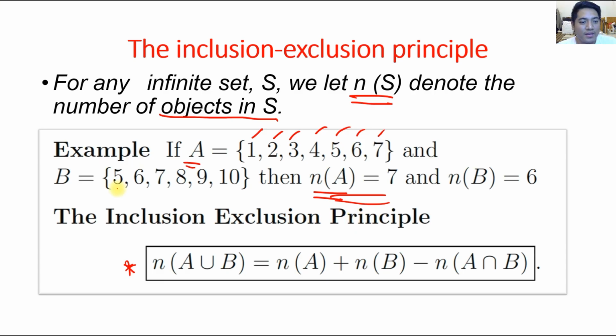And for n of B, we count the distinct members of set B. So we have 5, 6, 7, 8, 9, 10. Therefore, n of B is 6. From there, we can substitute it here, and if the intersection of A and B is also given, we can finally find the union using this formula.